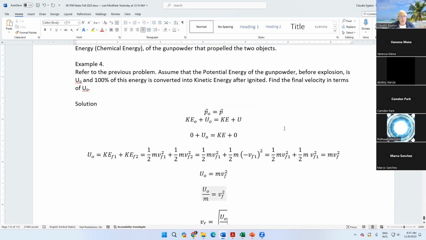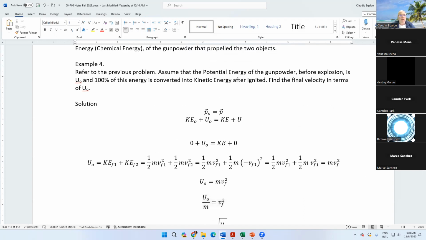Okay, so now this problem is a little bit more complicated than the other one, the inelastic collision, because now we have two equations instead of only one, right?